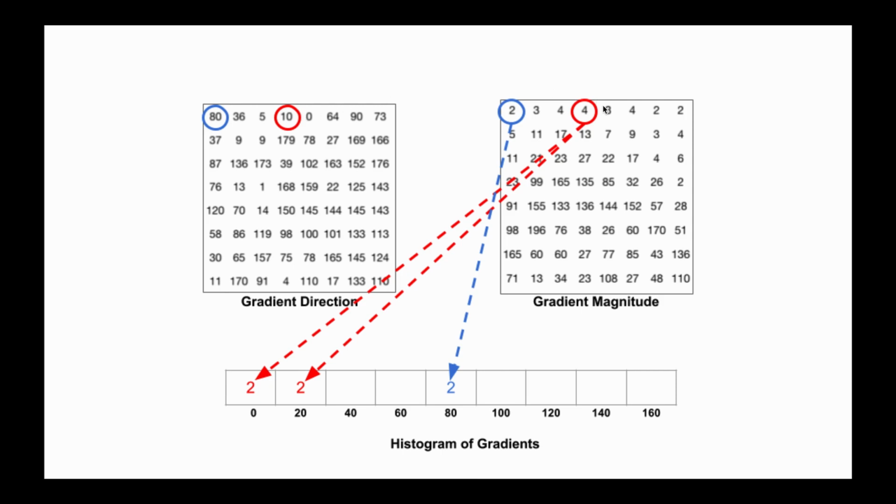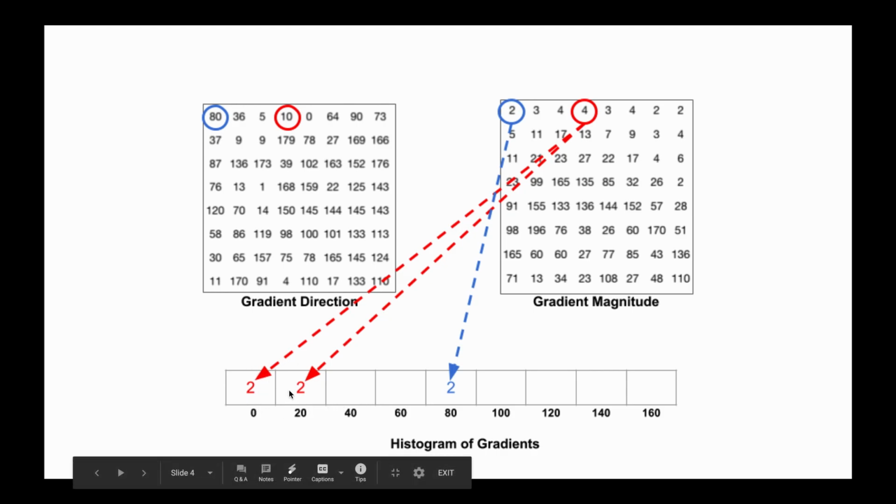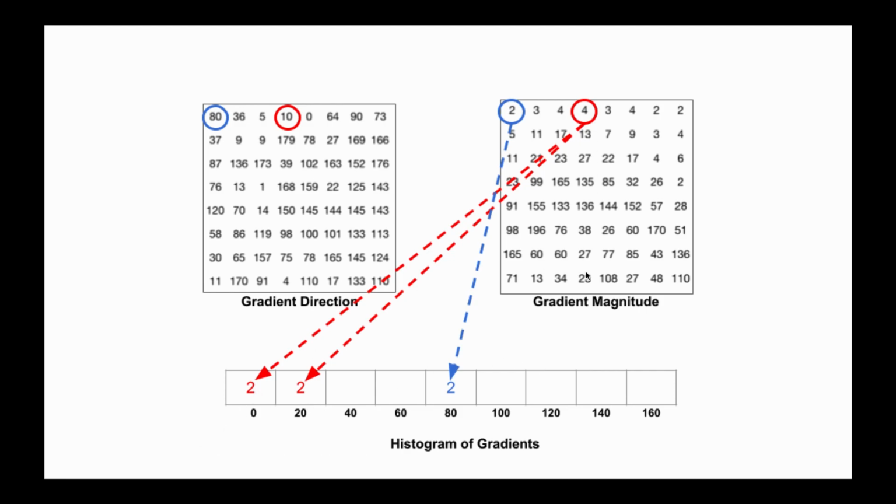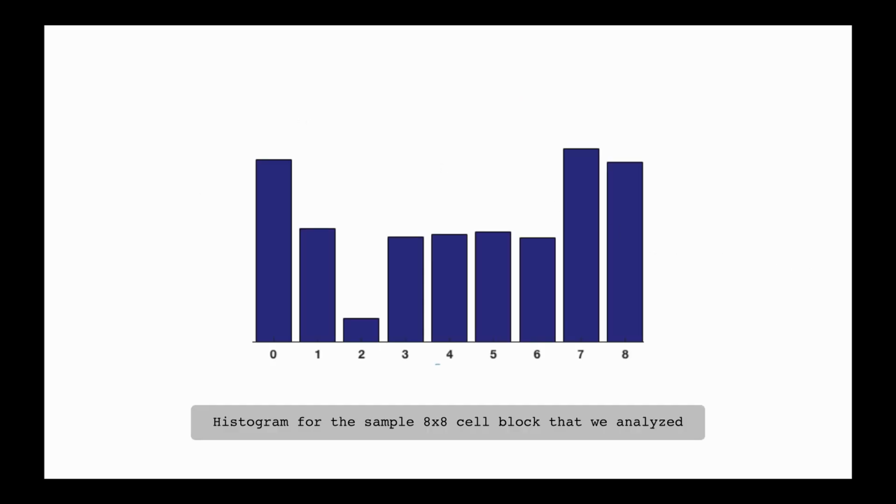It's a bit different. The corresponding angle is 10, halfway between 0 and 20. So the vote of the pixel splits evenly into two bins, as 2 and 2 between 0 and 20. The magnitude value is split into 2 because it's exactly half. We do the same for all the values in the 8 by 8 cell, and we create a 9-bin histogram. For the patch that we have analyzed here, the histogram should look something like this.